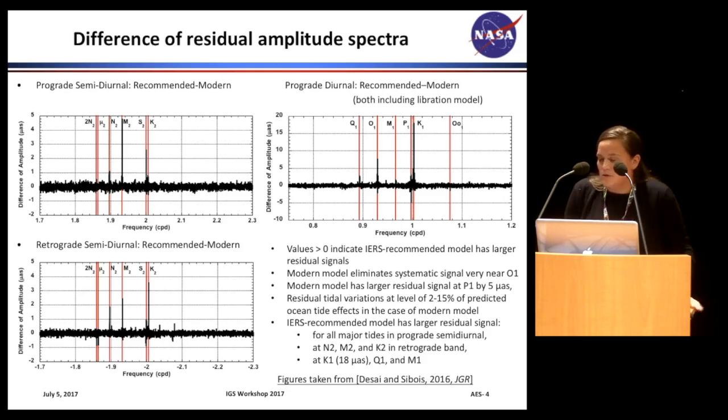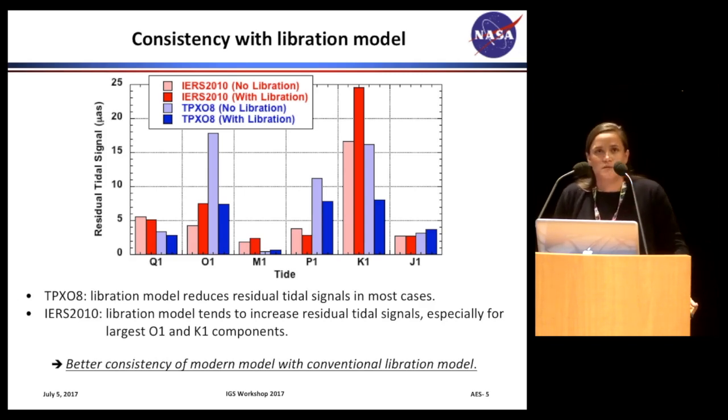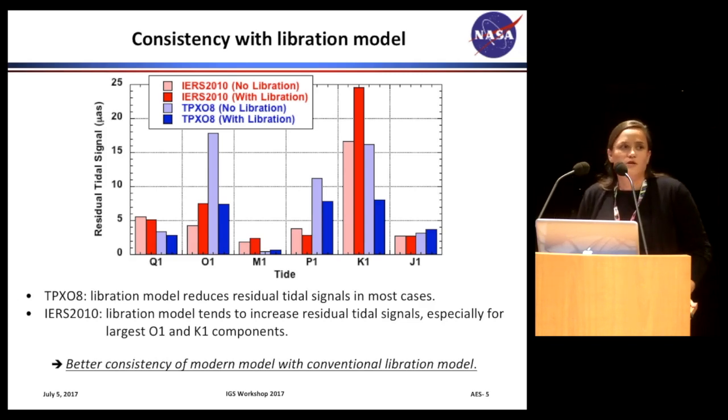So we also looked at the libration model. Currently in our GPS POD processing, we exclude the libration effects because there has been some questioning in the literature about the consistency of that model with the IERS 2010 ocean tide model.